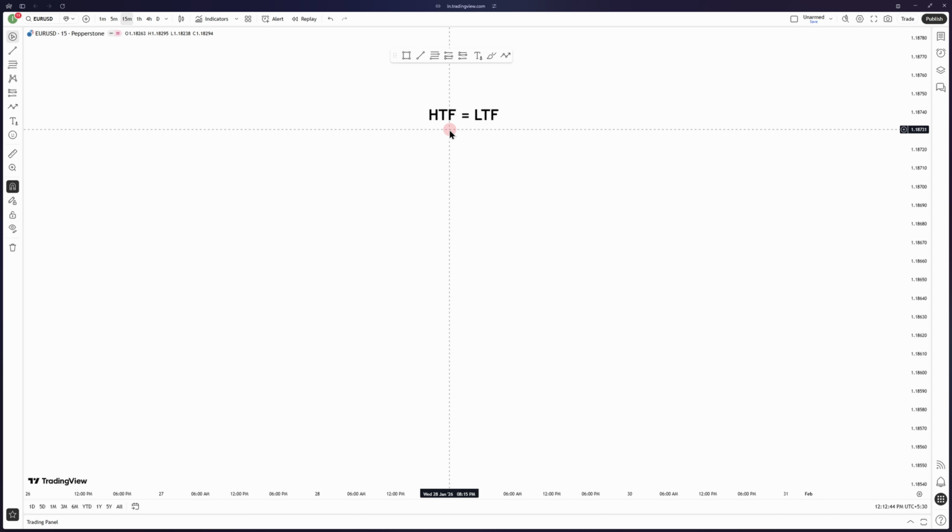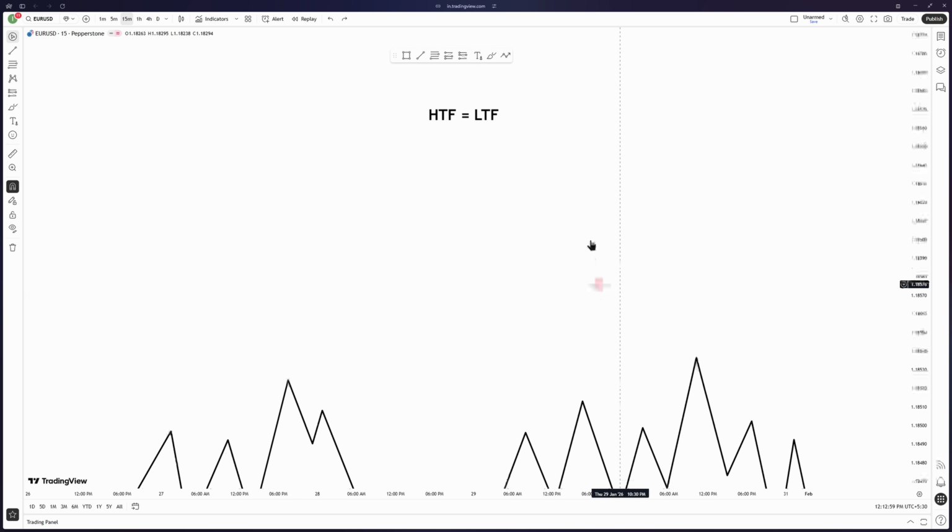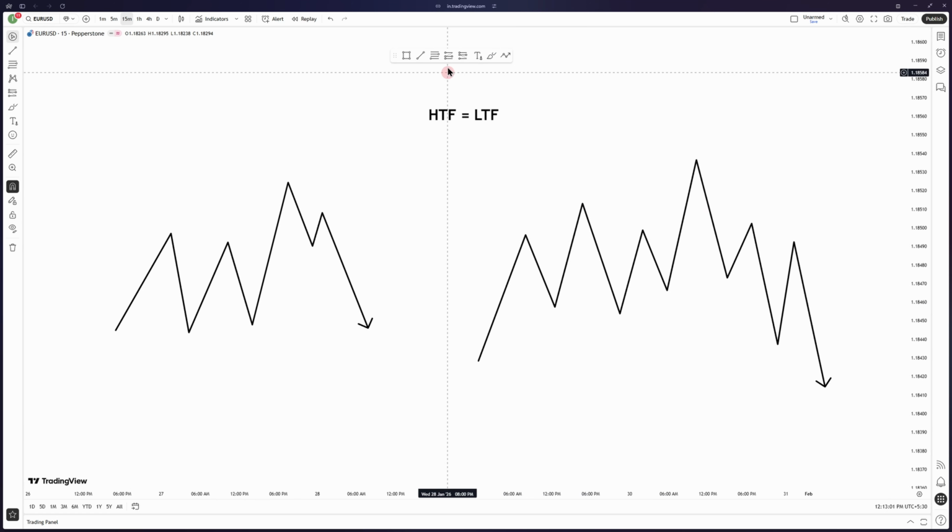Now, one thing you always have to keep in mind is this. Once your higher time frame bias is clear, you must stick to that same bias when looking for entries. And here's why this is important. Let's say this is the 15-minute time frame and we get a liquidity sweep here.